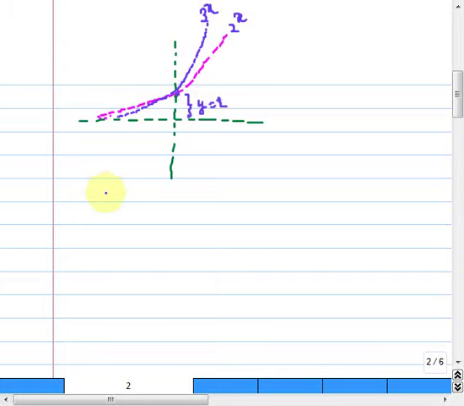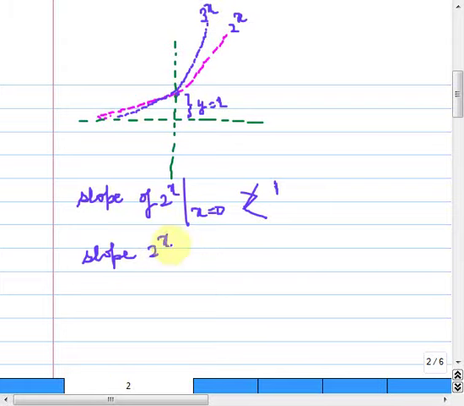Then we will find that the slope of 2 to the power x at x equal to 0 will be less than 1, and the slope of 3 to the power x at x equal to 0 will be greater than 1.